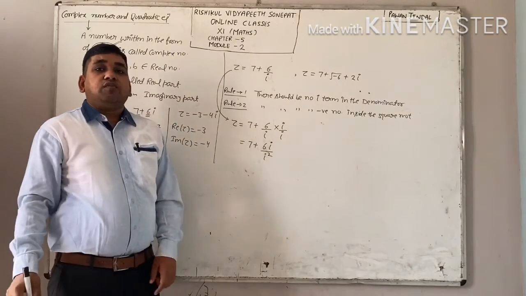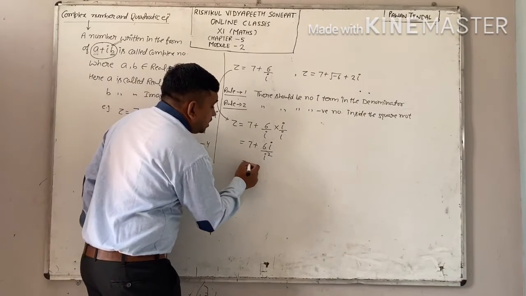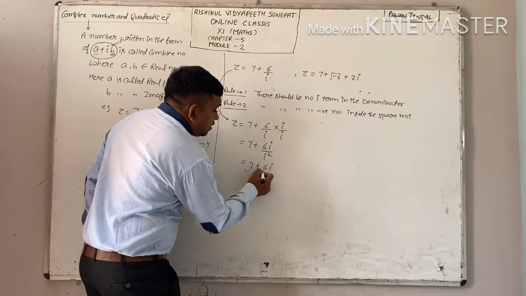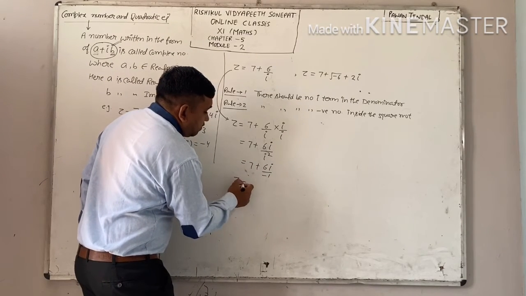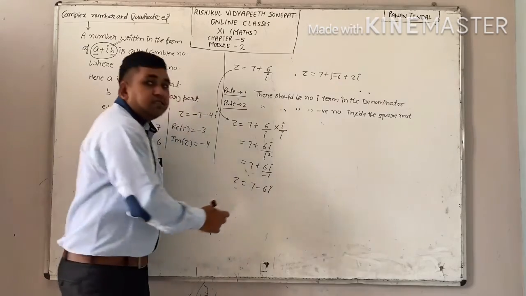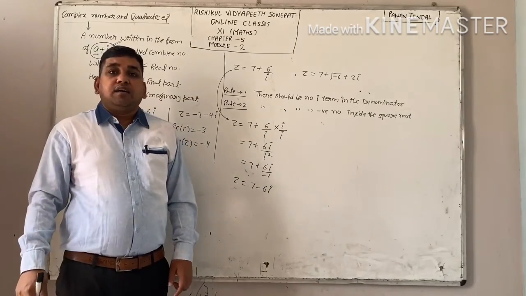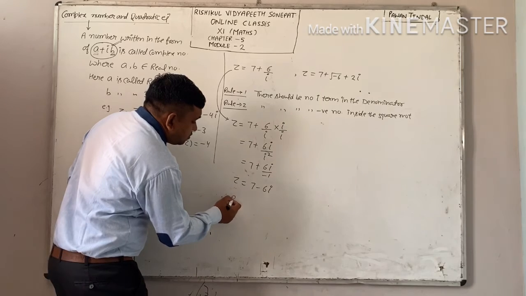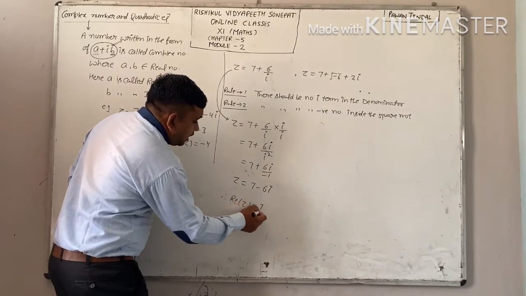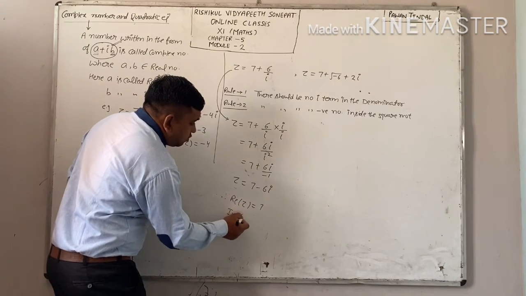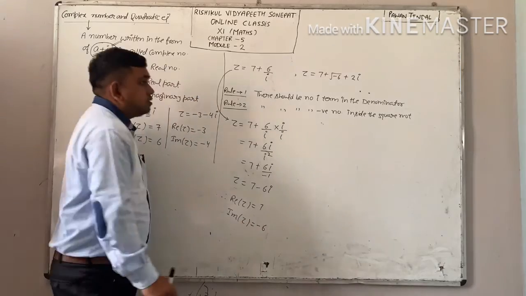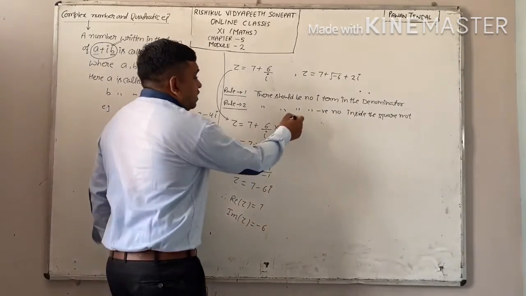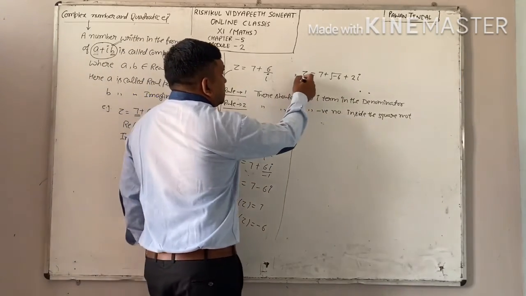And you know the value of iota square. Iota square is your minus 1. Therefore, z equal to 7 minus 6 iota, right? Now you can easily find out, therefore real part equal to 7 and imaginary part equal to minus 6.